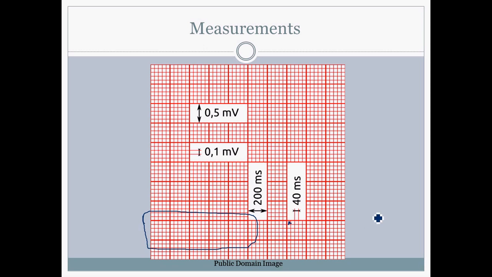In that strip, I'd count how many QRSs. You count up that many QRSs, multiply by 10. That's kind of important. You're taking 6 seconds, you multiply by 10, that's your beats per minute.